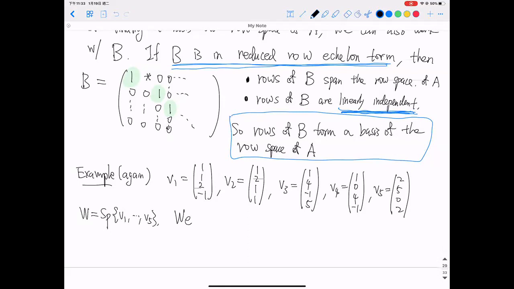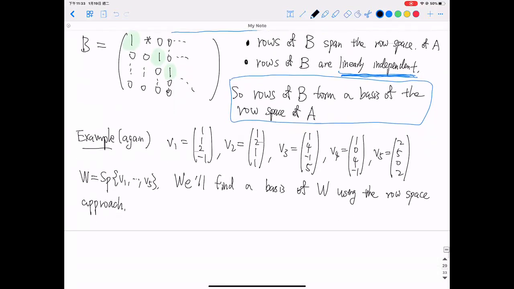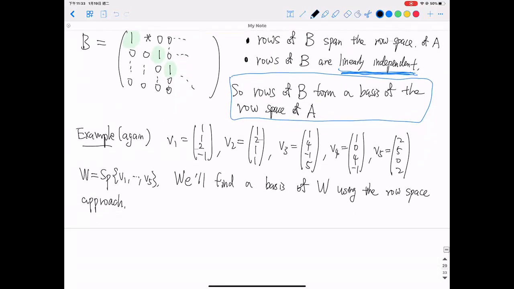What we're going to do in this example again is find a basis of W that is not a subset of the V's, but using the above method. That's called the row space approach for simplicity. All right, so what does this mean?